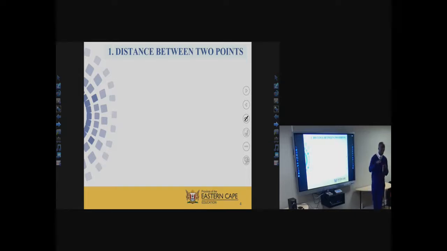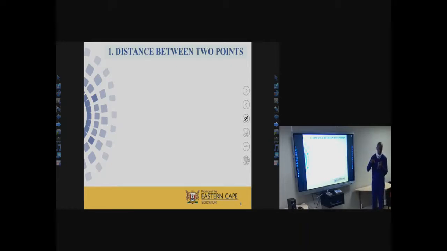Now remember that triangles and quadrilaterals, they form part of, or they are the types of polygons. That is why in lower grades, in grade 8 and grade 9, you will learn a lot about polygons, which are closed figures with 3 or more sides.